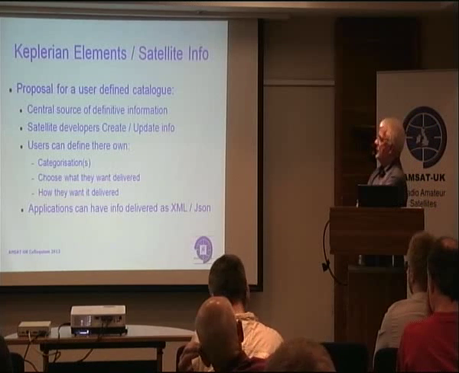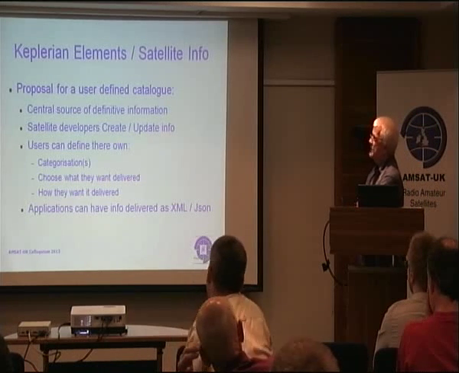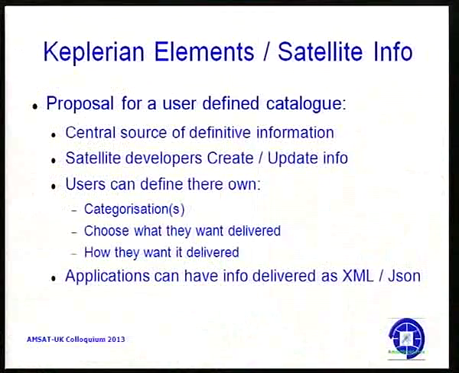Ideally, we want the system to be maintained by the satellite developers themselves, so they can create information about their satellites, update the information as it changes, end of life, news items about it. This is scattered across the internet. There are some really good individuals who keep us updated with the information.